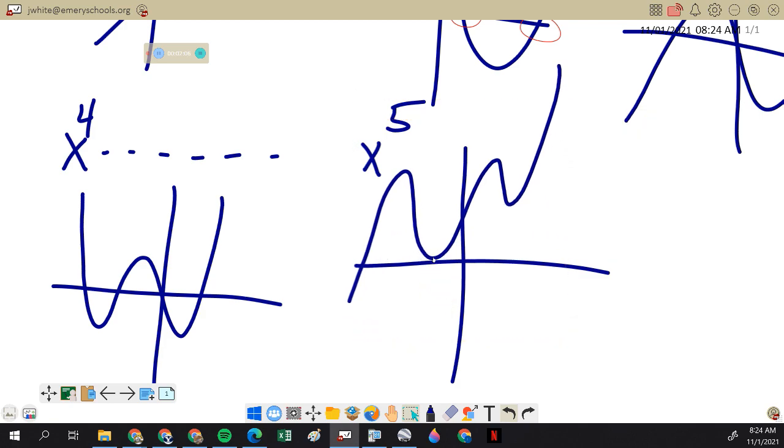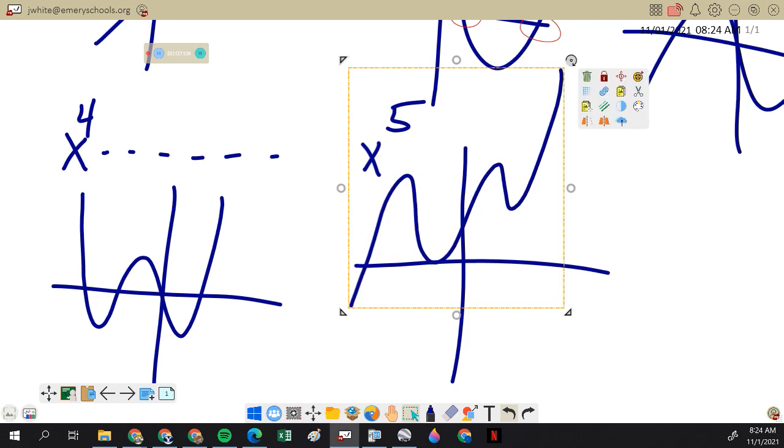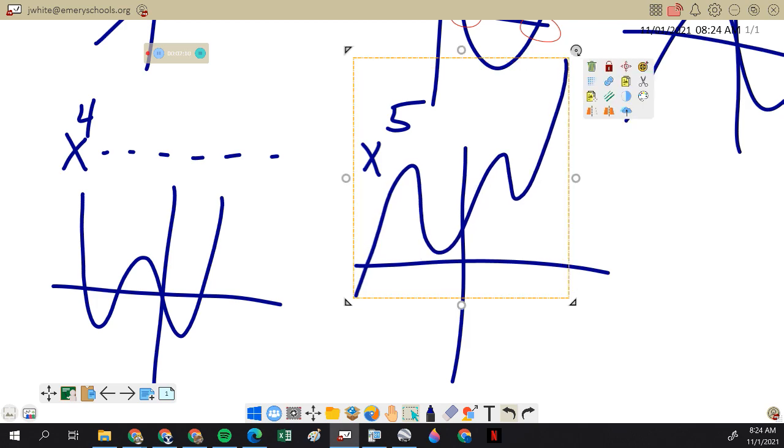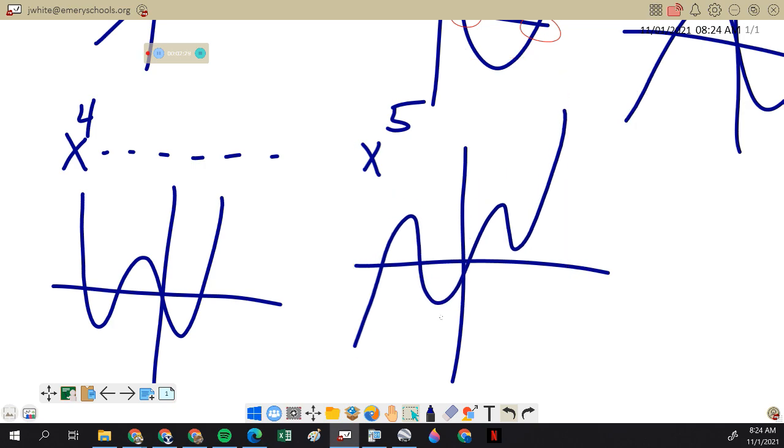If I moved it up further, now it only hits twice, and now it only hits 1 time. So the largest exponent doesn't guarantee that the polynomial has that many roots. It just says it could be as many as 5. But it can't be 6. You can never go higher than the largest exponent.